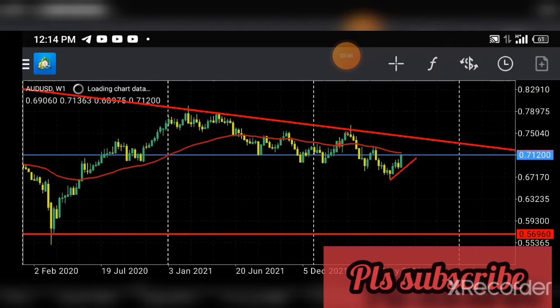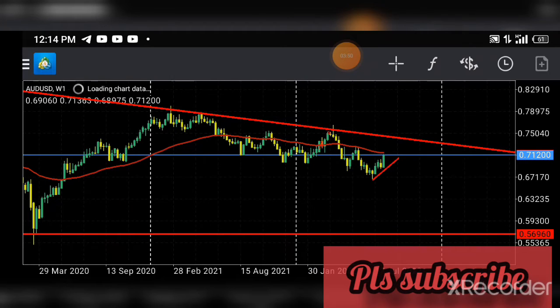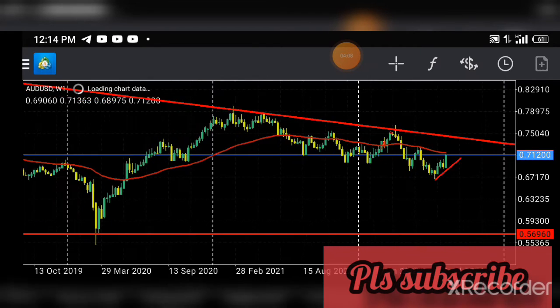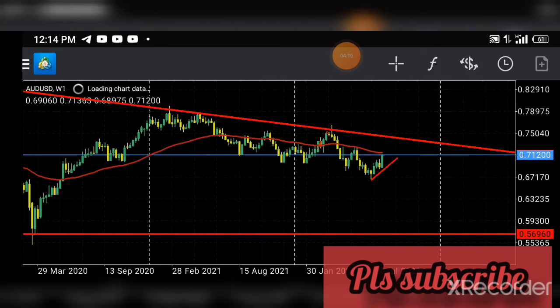I'm going to tell you the strategy step by step, and how you are going to be able to take this pair. Even if you concentrate on this pair and practice these strategies in your demo account, I believe with your patience and risk management, you are going to be making nothing less than 300 pips from this. If you are patient enough, you can even get up to 1,000 pips.